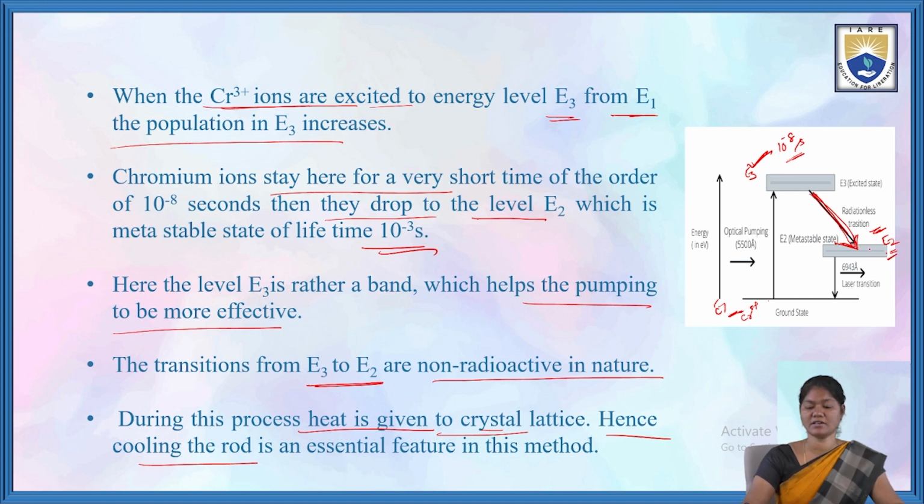In the metastable state, the photon interacts because of the partially and fully reflecting mirrors at the end faces of the crystal rod, as they are fully and partially polished, so the emitted photon is reflected back and forth.